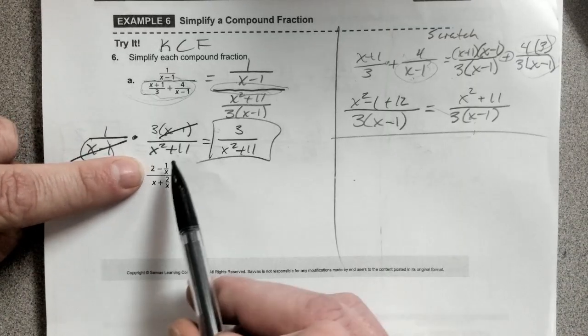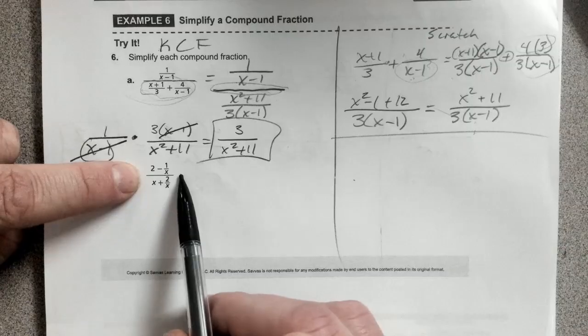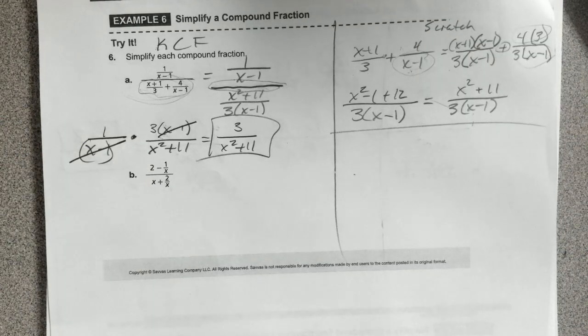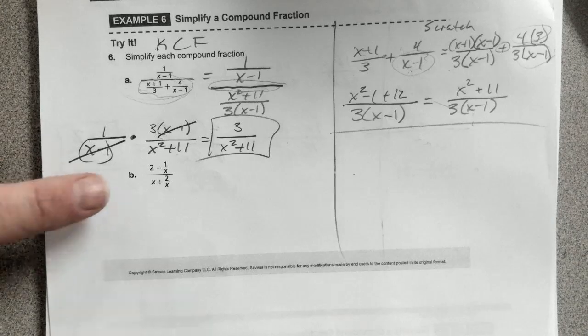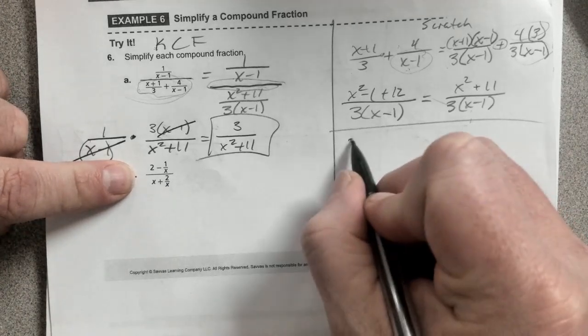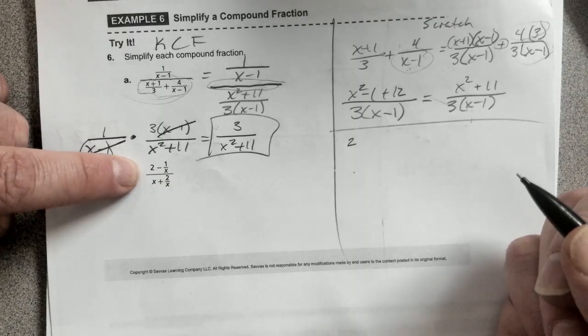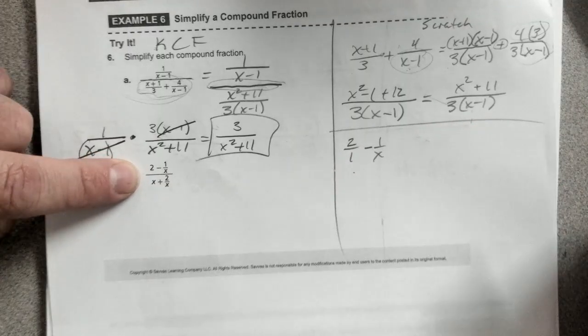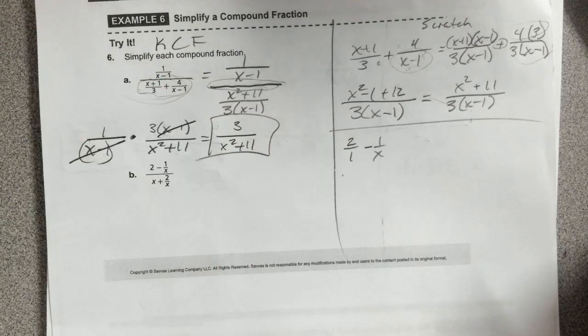So I have a whole number minus a fraction divided by a whole number plus a fraction. So we need to clean up the top and the bottom here. I have 2. What's 2 as a fraction? 2 over 1 minus 1 over x. I got to figure out what that's going to be.